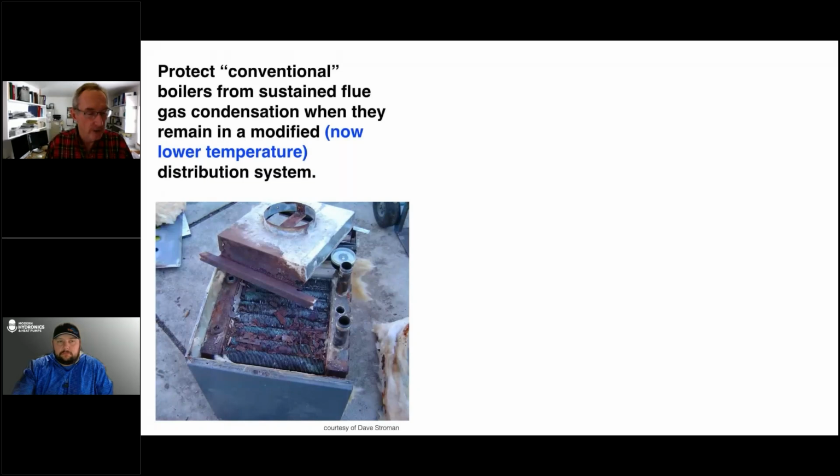You're basically destroying the boiler, and you're also going to destroy the vent connector piping. I've seen it literally in a matter of months where there are holes right through the vent connector piping because the boiler was operating on a sub-dew point of the combustion gases.